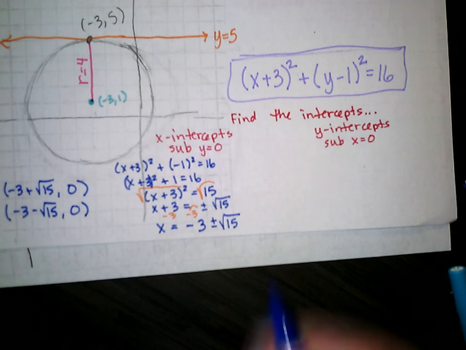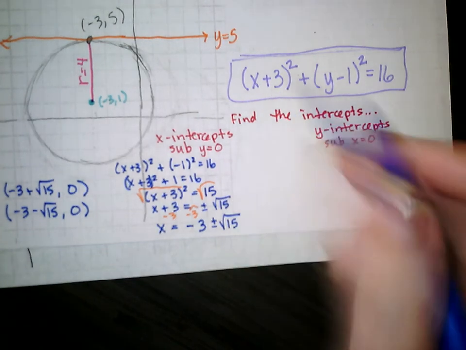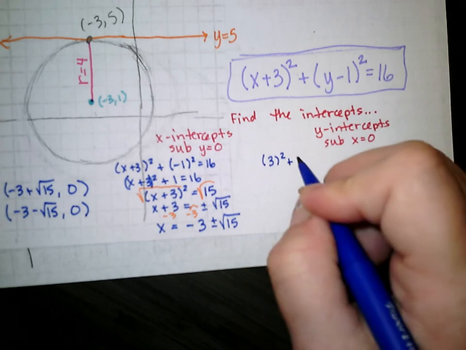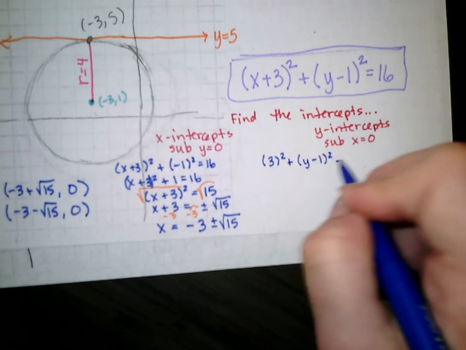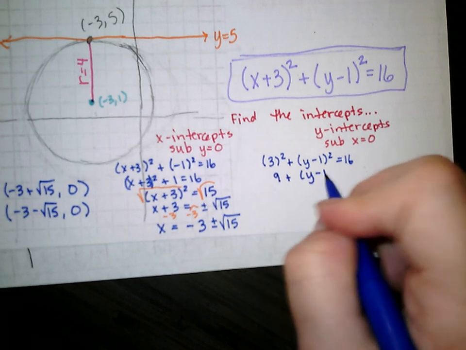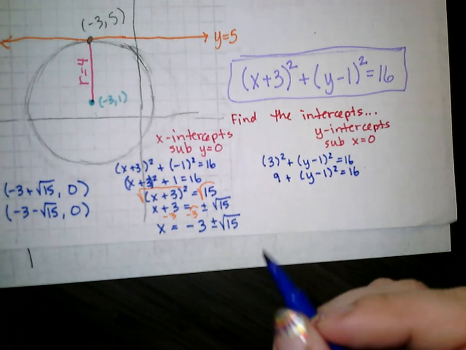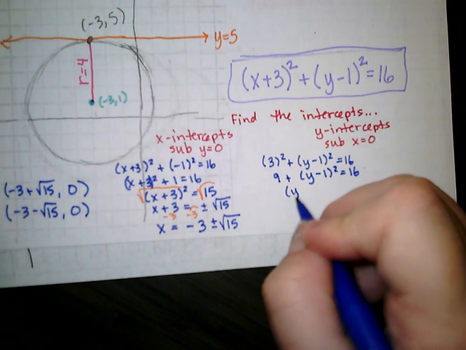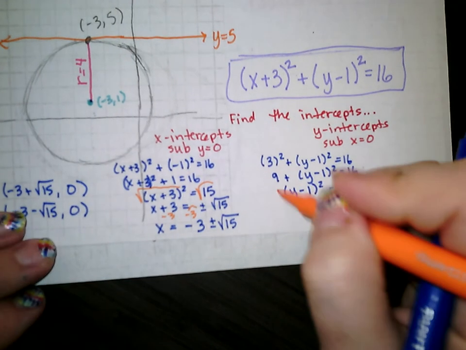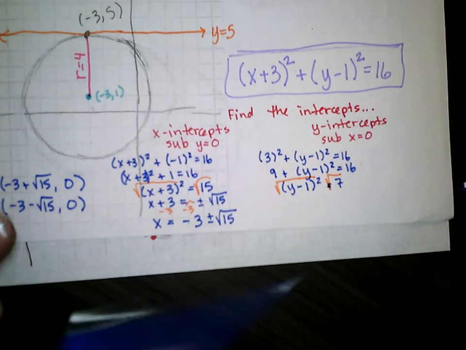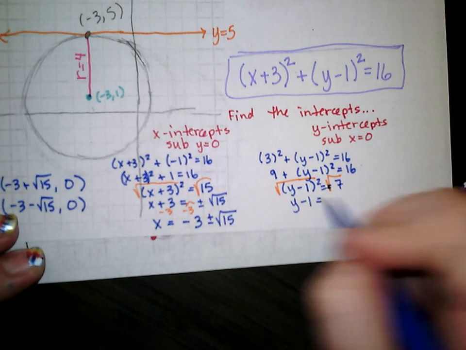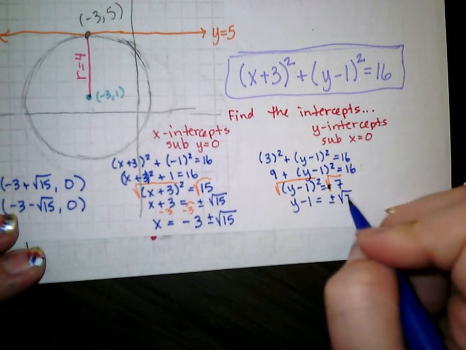Y-intercepts we'll do the same thing except for subbing in 0 for x. So that will give us 3 squared plus y minus 1 squared equals 16. So 9 plus y minus 1 squared equals 16. Subtract that 9 over. y minus 1 squared equals 7. Square root both sides. So y minus 1 would equal plus or minus square root of 7.